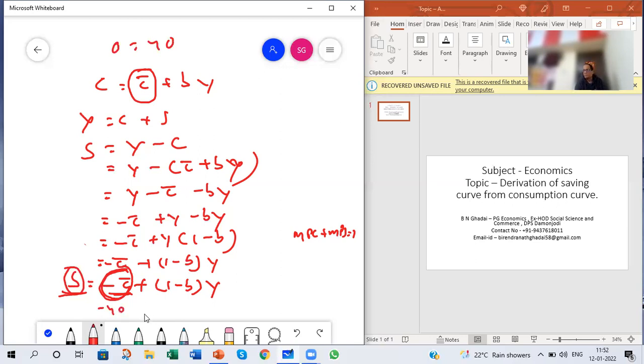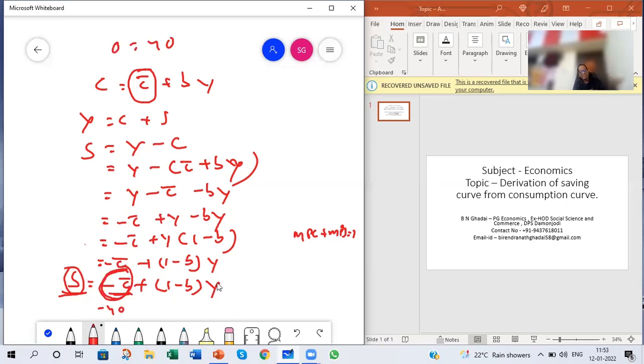So the saving function will start with minus 40. And then 1 minus b, that is 1 minus MPC, is equal to MPS, into Y, income. So this is how we can derive the saving function from the consumption function.